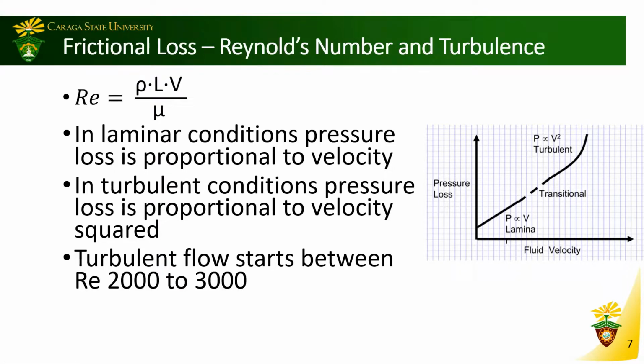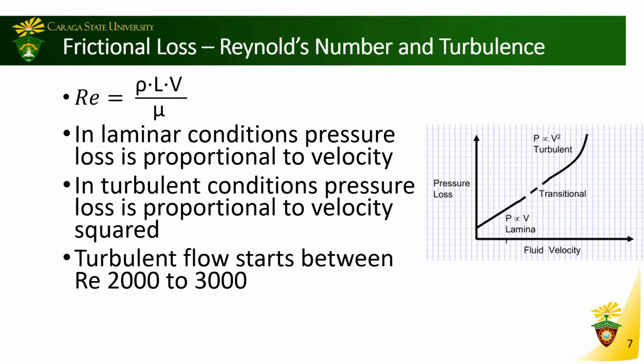In laminar conditions, the pressure loss is proportional to the velocity. In turbulent conditions, the pressure loss is proportional to the velocity squared. And turbulent flow starts between Reynolds number 2000 to 3000.